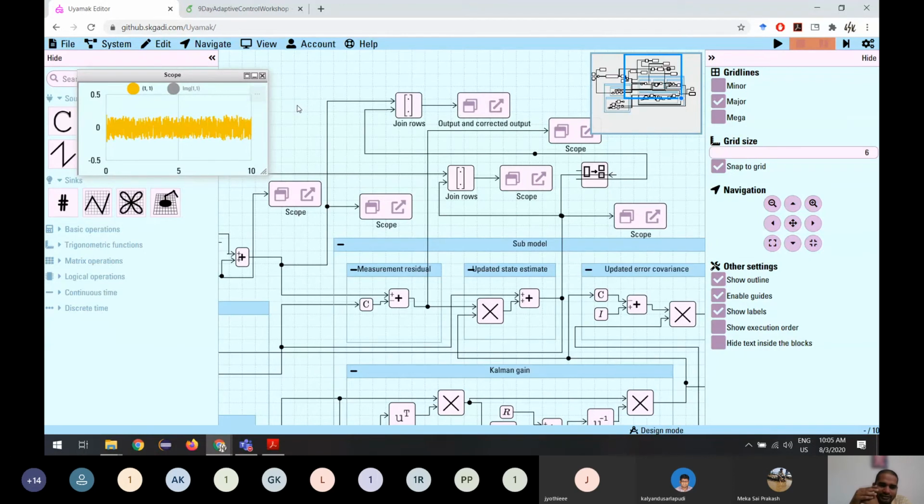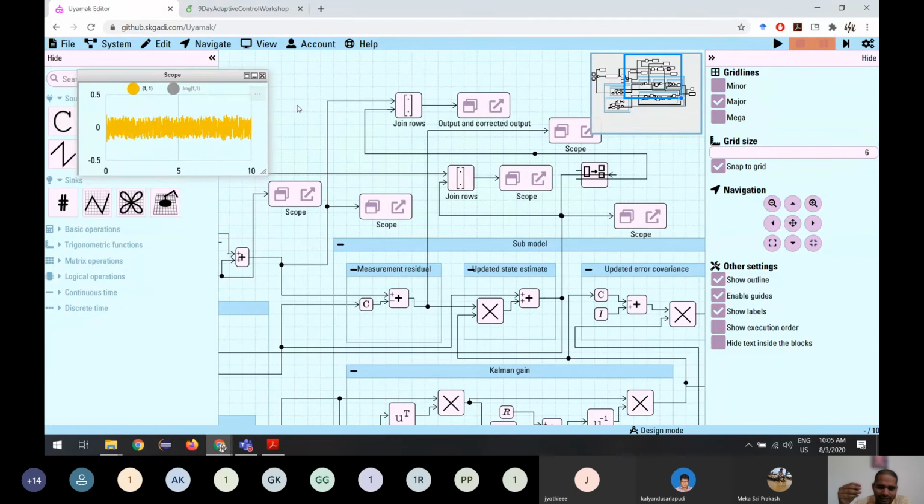Then another one is where the output of our system follows the trajectory of another system which we want it to behave like. For example, if you want the system to behave like a certain model which you already have in mind, you want the output to be the same as the output of the other model. So you apply the control algorithm.